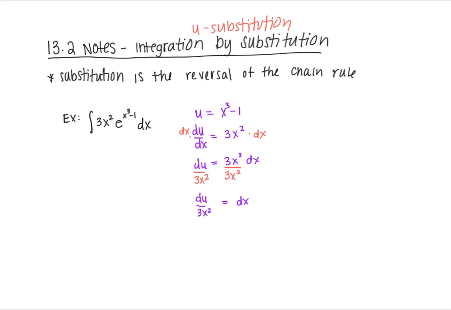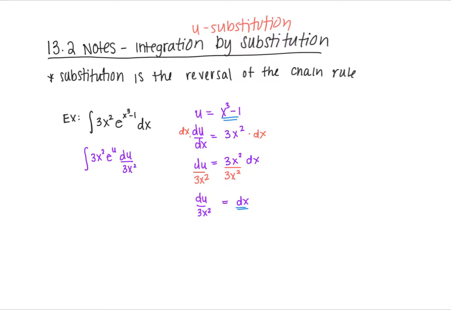Now we're going to do the substitution part. I'm going to plug u in where I see x cubed minus 1, and I'm going to plug du over 3x squared in where I see dx. So now I have the integral of 3x squared e to the u, and then I replace dx with du over 3x squared.